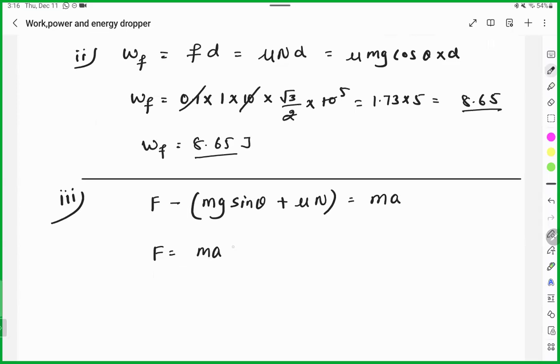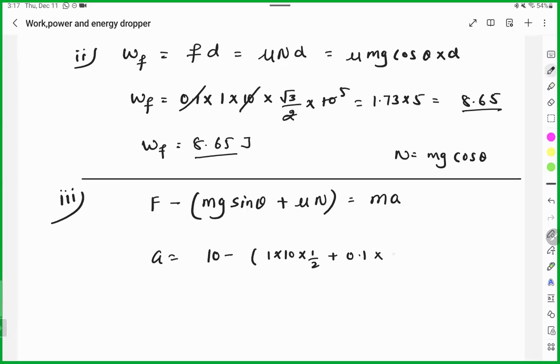What we have to calculate? Acceleration, na? Yes, sir. So acceleration will be equal to, what is the external force, sir? I am getting 8.27 something, so there is some calculation mistake. m1 g 10 sin 30, value 1 by 2, plus mu value 0.1, and N we already know will be equal to mg cos theta.